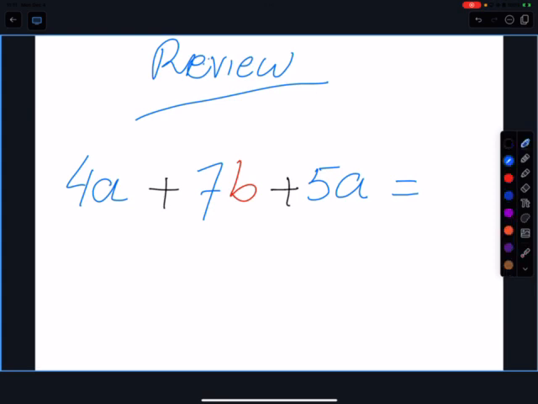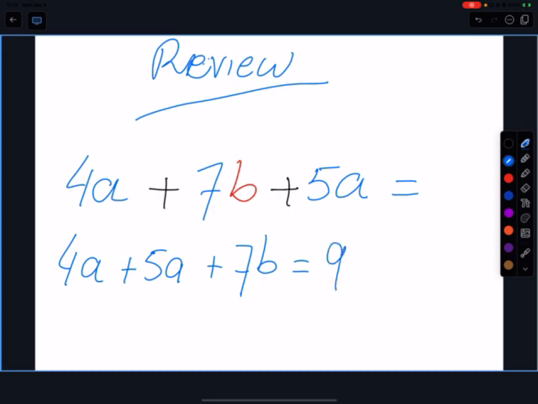So this answer becomes, if I rewrite it, 4a plus 5a plus 7b. And that becomes 9a plus 7b. That's the final answer. You cannot add them together to get 16ab. It's not possible.